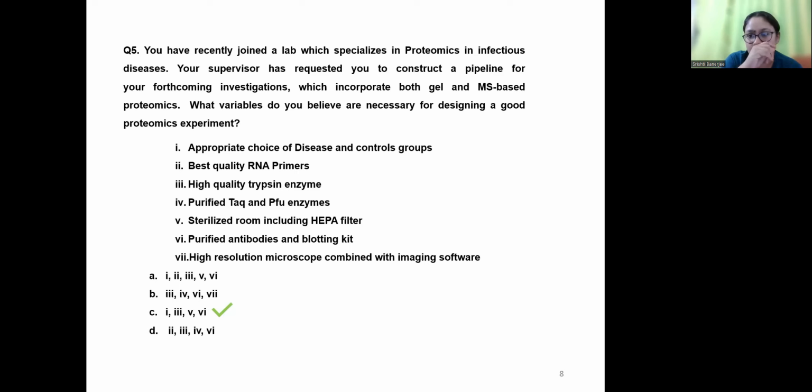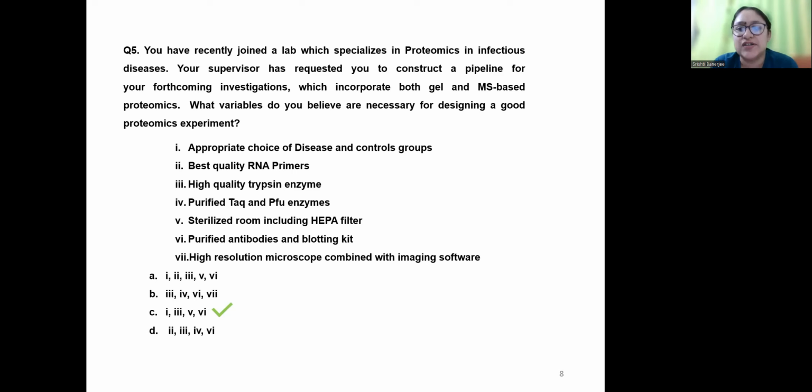Either I can go for one marker, but one marker will not give you a very substantial result in terms of yes or no. If you have more markers or signatures of a particular disease or pathological condition, then you can be more sure that if this particular subject has these markers in his blood or saliva, or plasma or serum, that means that yes, he or she is a diseased individual.